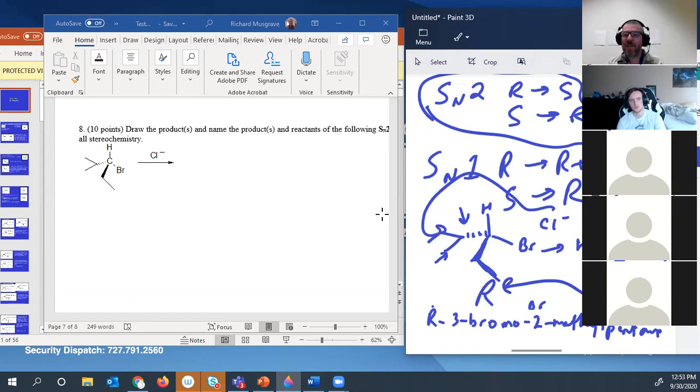That's what happens in reality. But the effect is that we end up with something of opposite configuration to what we started with. When Cl comes in from the back, it turns it inside out, which means it switches the stereochemistry.